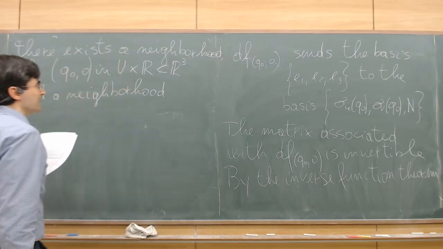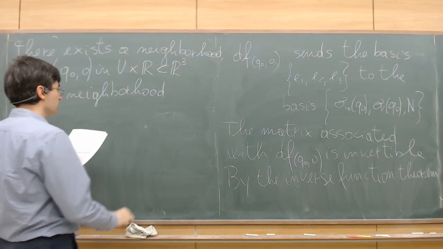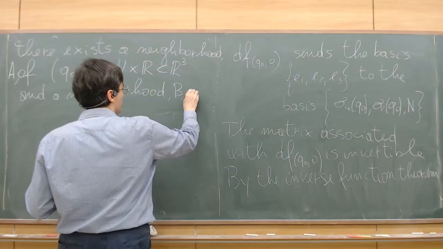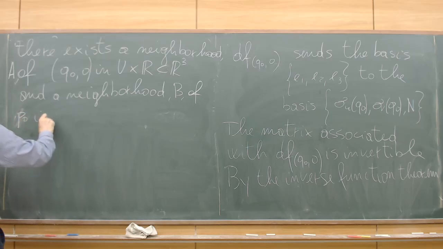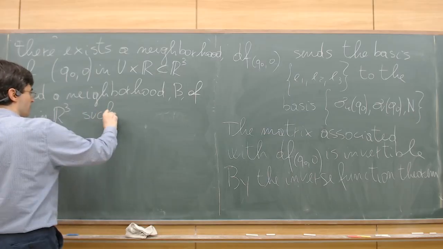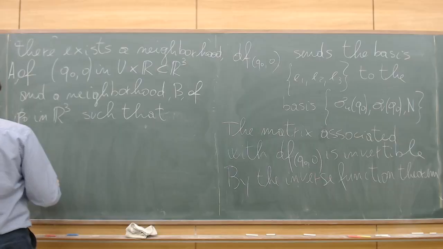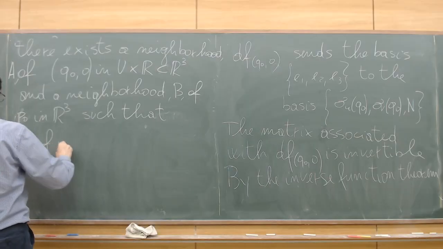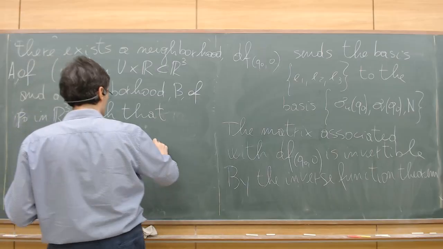I need to give a name to these neighborhoods, so the first one is A, the second one is B, such that F from A to B is a diffeomorphism.